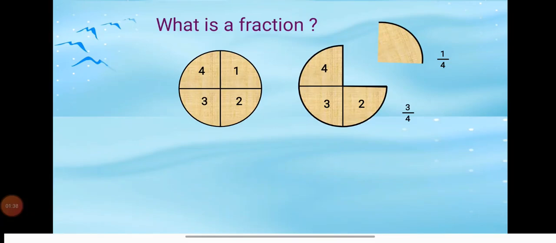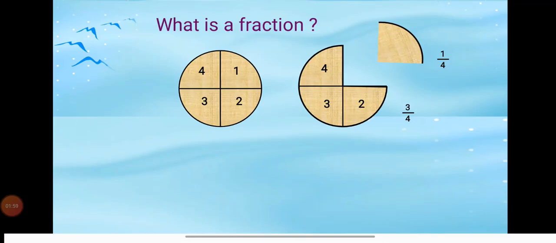And children, as you can see over here, there is 1 by 4 and 3 by 4, where when I took out one part from the entire circle, I wrote the numerator as 1, whereas the denominator was 4.